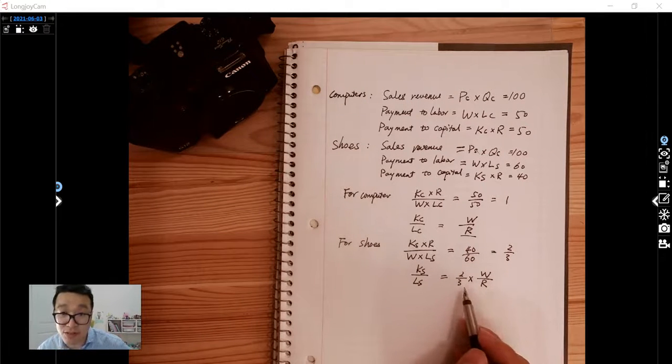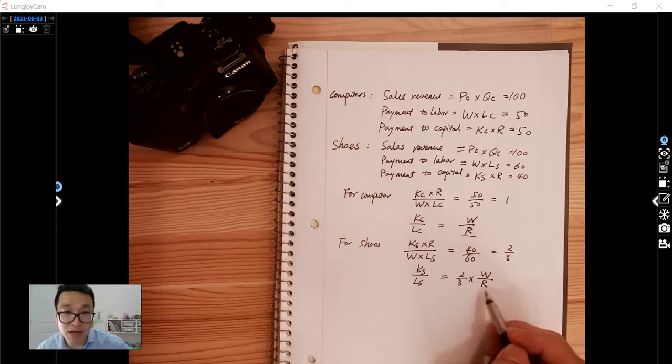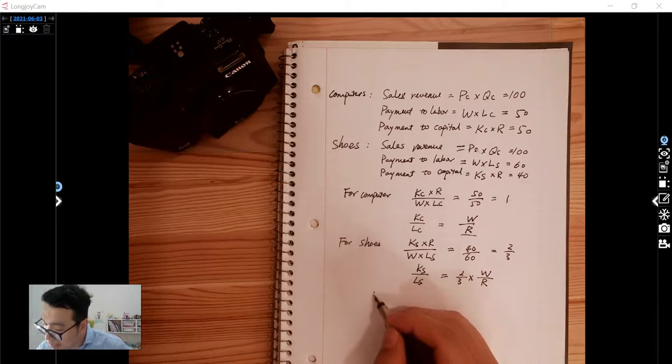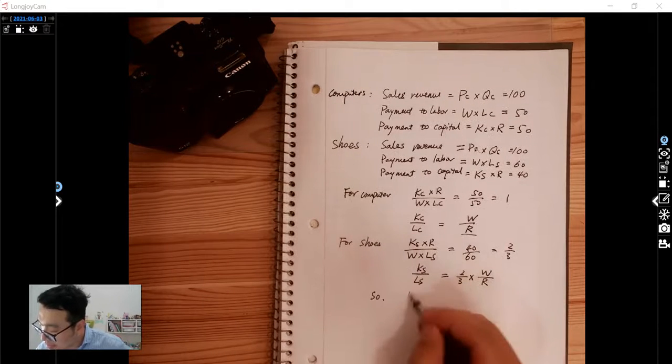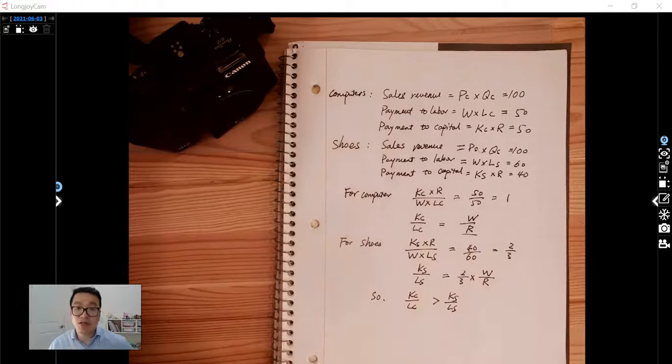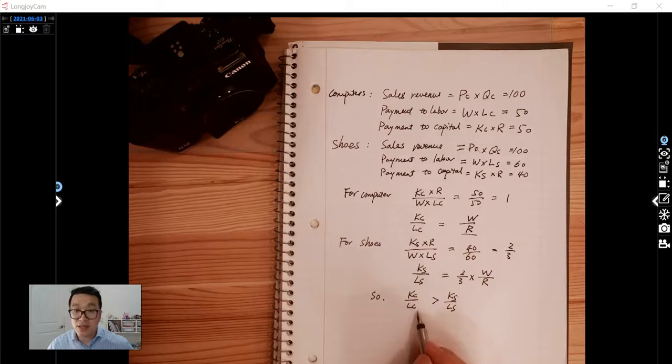So it's only 2/3, as long as W over R, the workers' wage rate and the rental to capital, are positive. So we will always have KC over LC bigger than KS over LS. So the capital labor ratio used in computer will be bigger than the capital labor ratio used in the shoes industry.